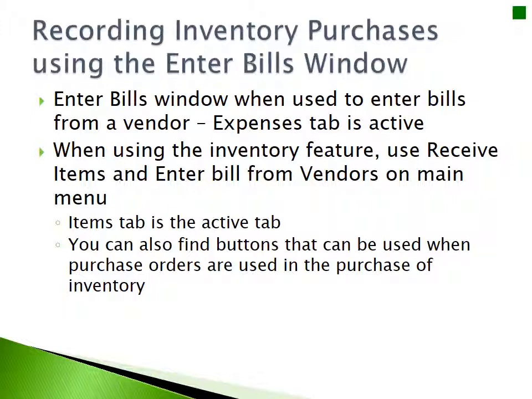When you use this feature, the Items tab is the active tab. The Items tab contains the following fields: item and quantity. See page 5-11 for an explanation and description of these fields. You will also find buttons that can be used when purchase orders are used in the purchase of inventory.